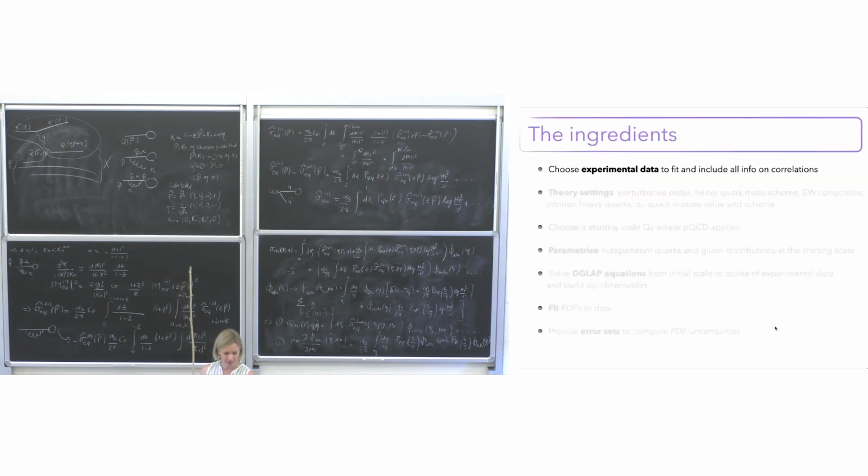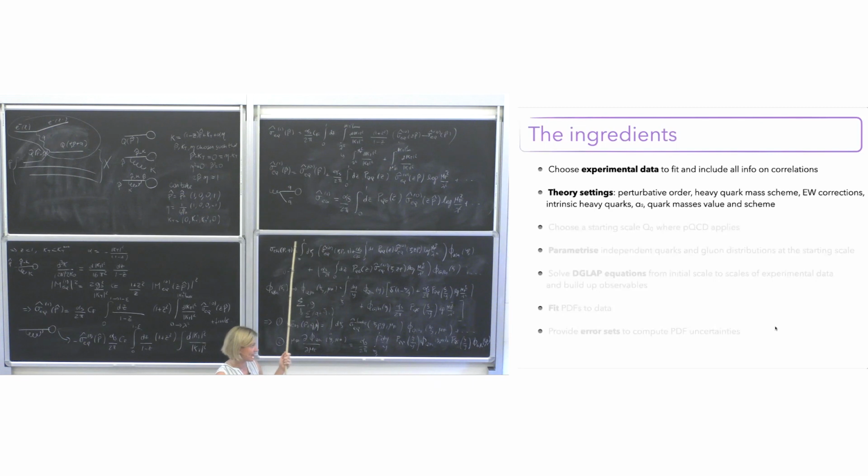So let me tell you what are the ingredients in a global fit. First of all, you have to choose a set of experimental data that you want to add into your fit of the function, and you want to include them into your fit with all information, the correlation between the different data and inside each of the data sets.